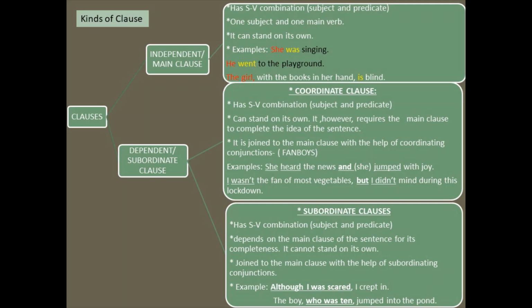And the subordinate clause is totally dependent on the main clause to get a complete sentence. It cannot stand on its own. So the main difference is that a subordinate clause cannot stand on its own, a coordinate clause can. A subordinate clause is joined to the main clause with the help of subordinating conjunctions, whereas coordinate clauses are joined with the main clause with the help of coordinating conjunctions.